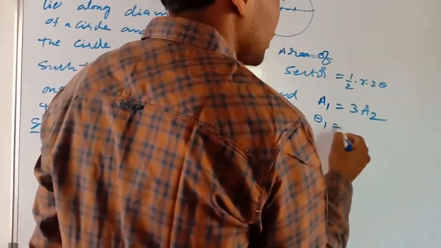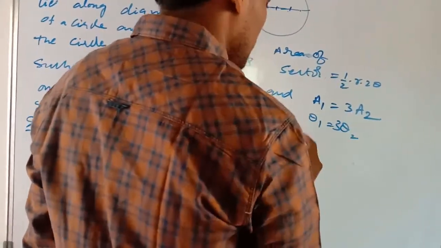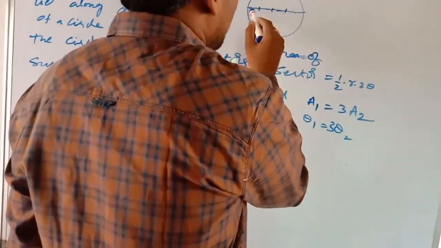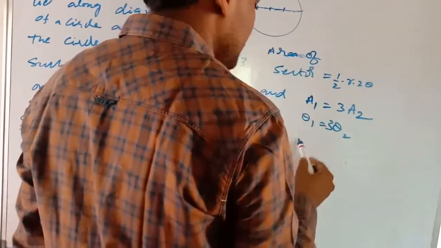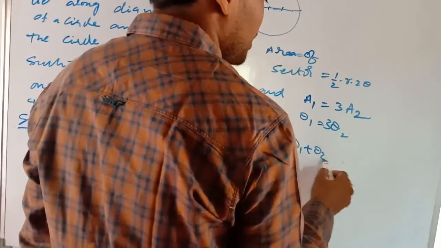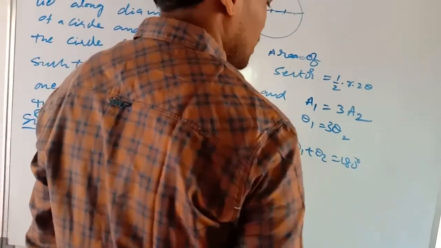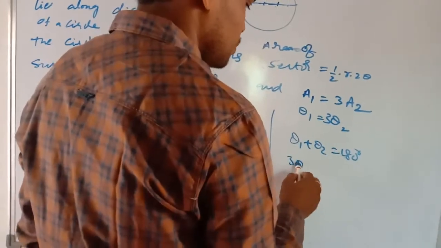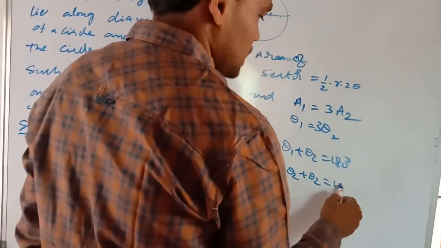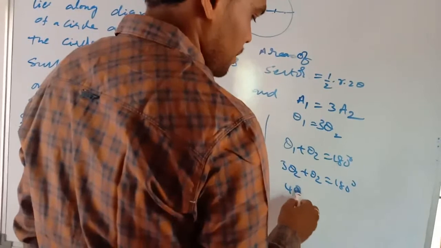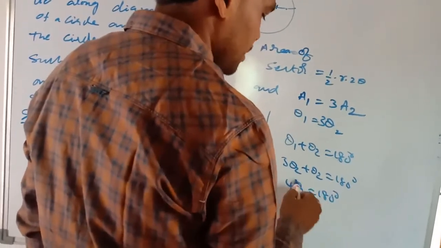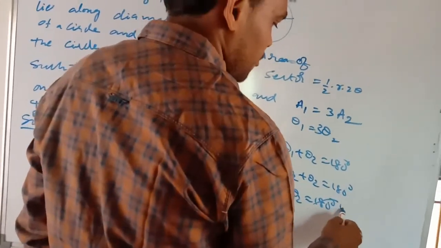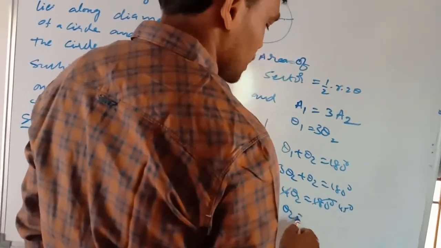That means theta 1 is equal to 3 theta 2, and we know that the diameter makes an angle of 180 degrees. That means theta 1 plus theta 2 is equal to 180 degrees. Substituting theta 1 as 3 theta 2, plus theta 2 is 180 degrees, so 4 theta 2 is equal to 180 degrees, and theta 2 is equal to 45 degrees.